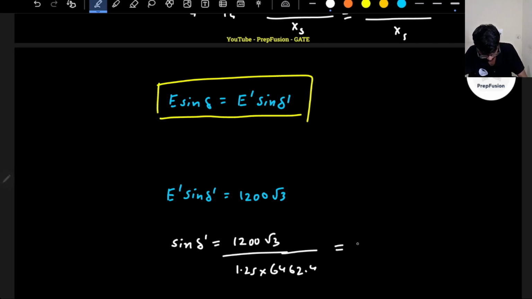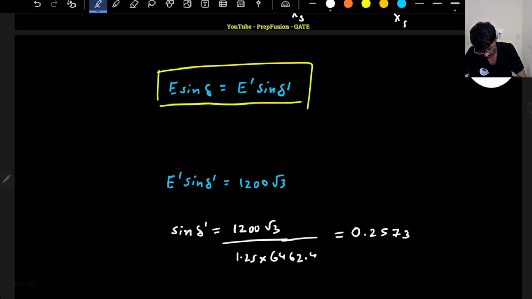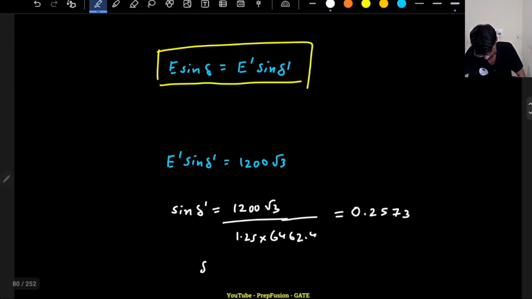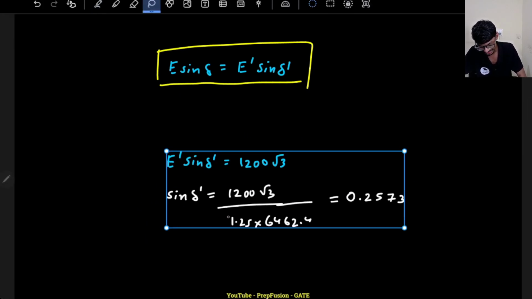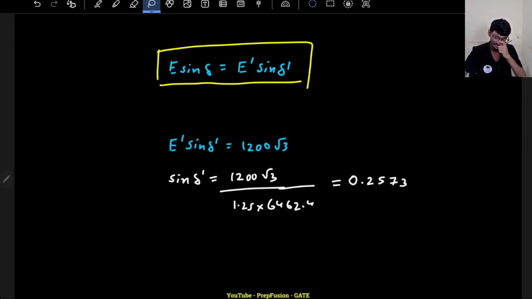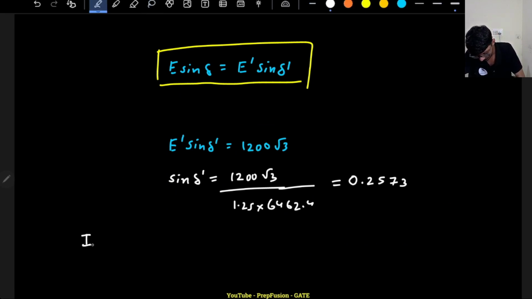So this will be 0.2573. From here I can easily find delta dash, but I don't actually need it, they have not asked me to find delta dash. What I need to find out is Ia.